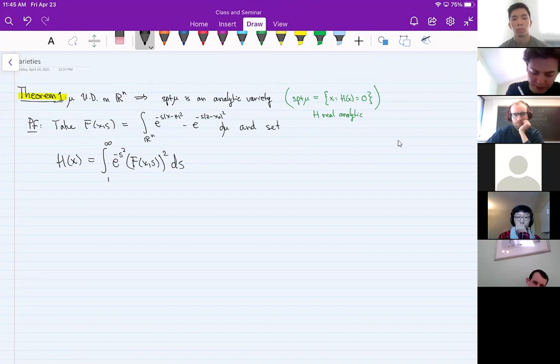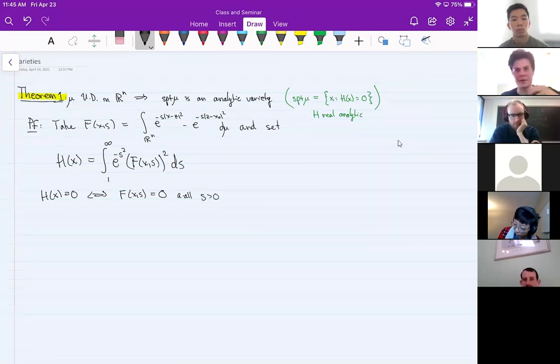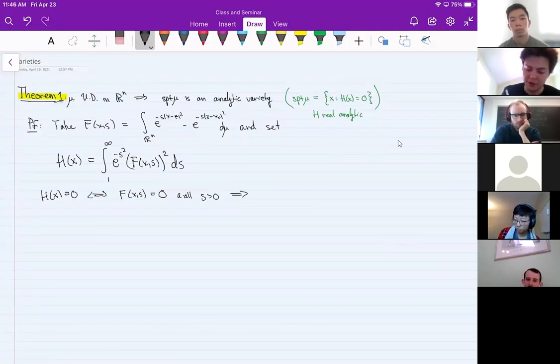Okay, so this function h of x is equal to 0 if and only if, since I'm integrating a positive function, f of x comma s is equal to 0 for almost all s greater than 0. But we just showed in the last thing that this is if and only if f of x comma s is equal to 0 for all s greater than 0.